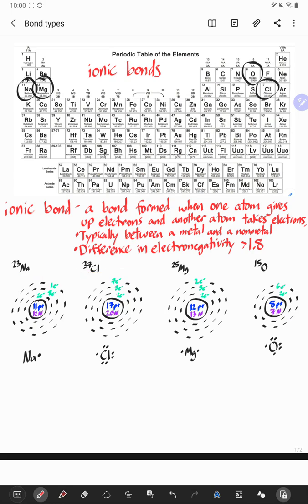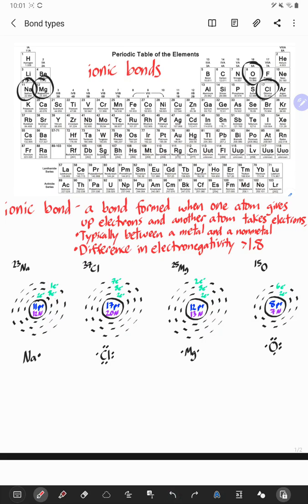All right, after thinking about that, you might have figured out that sodium has 1 valence electron, and its second outermost shell has 8. So to get to 8 valence electrons, the easiest thing for it to do is to lose the 1 electron it has in the valence shell, and then now, kaboom, it has 8 valence electrons.